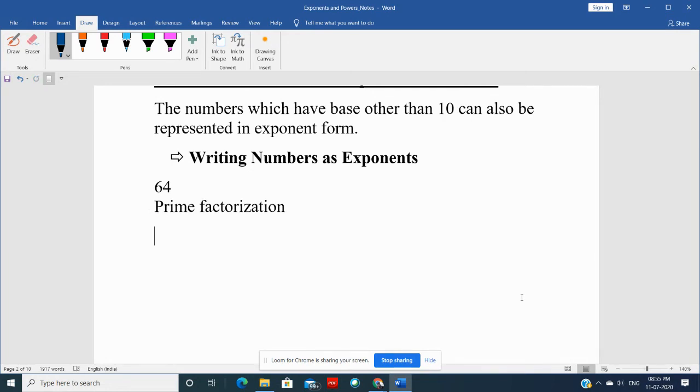The first important thing to write any number in an exponential form is to find the prime factorization of that number.